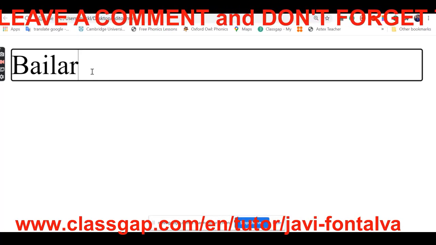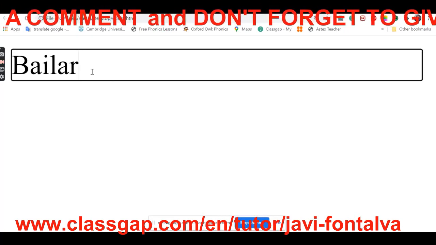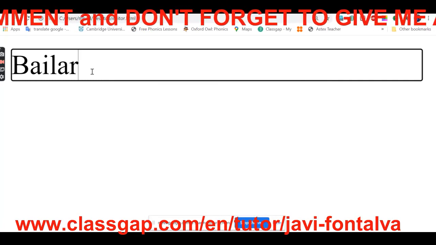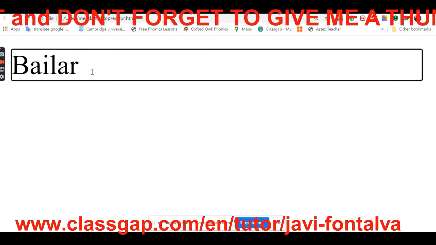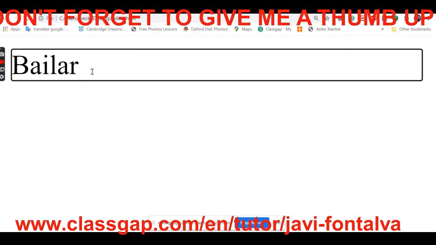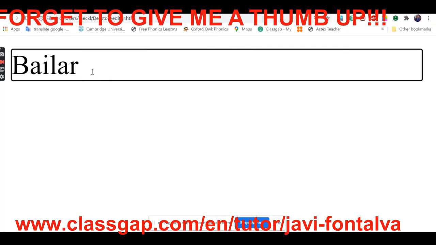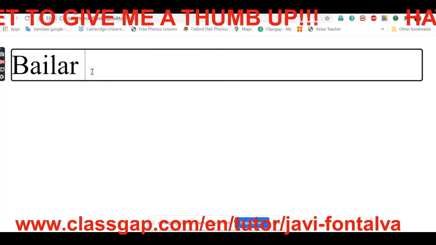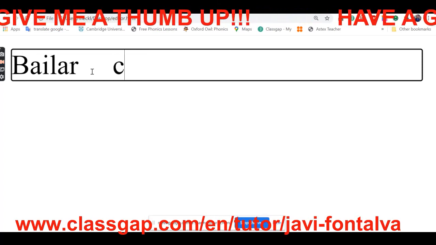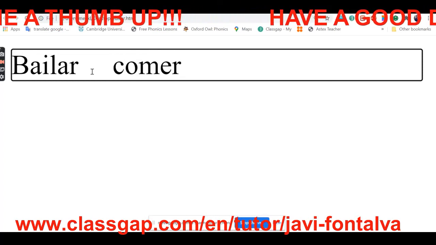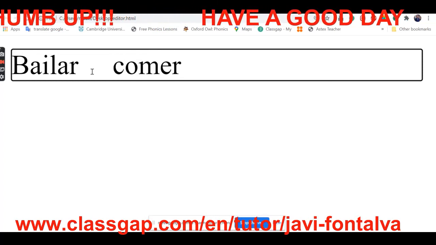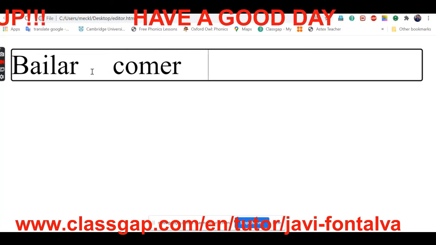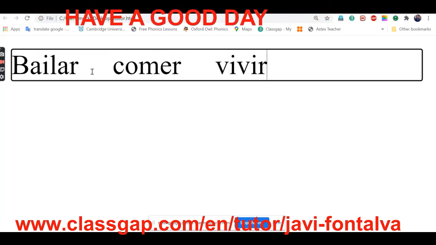Every AR verb follows the same pattern. So if you know bailar, you also know cantar, saltar, etc. We also have the ER verbs, or second conjugation, as we call it in Spanish, comer, and finally IR verbs, like vivir.